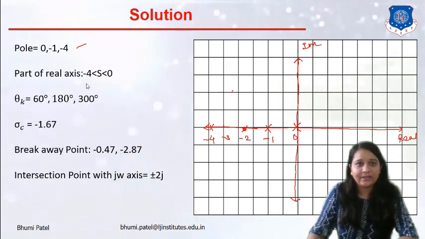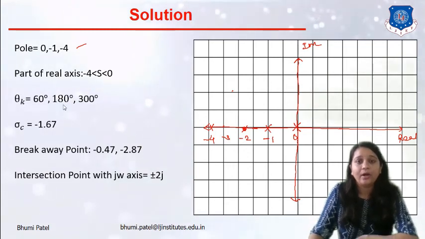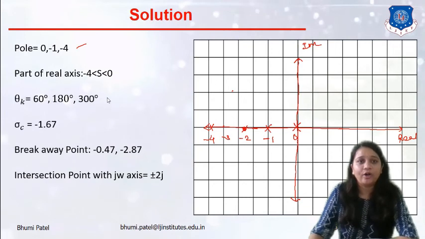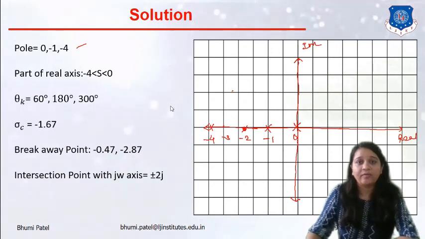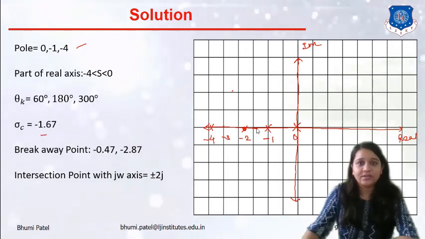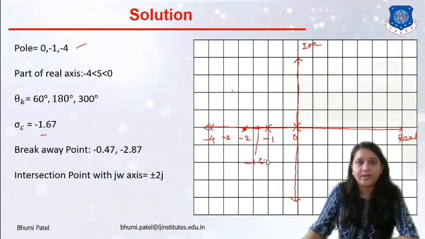Now the part of the real axis, it varies from -4 to 0. Next we have to draw the angle of asymptote, and from that we have to draw the centroid of this system. Here you can see that the value of the centroid is -1.67.